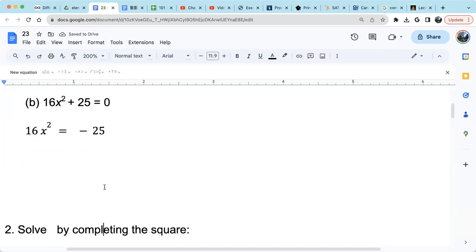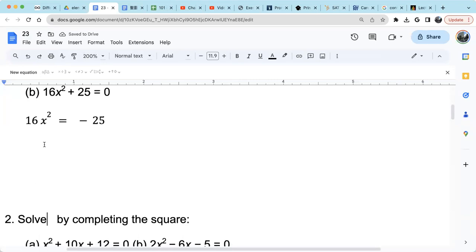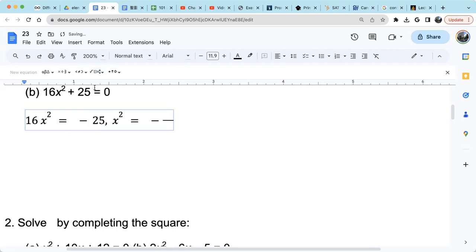Then we divide by 16 on both sides, and we get x squared equals negative 25 over 16.